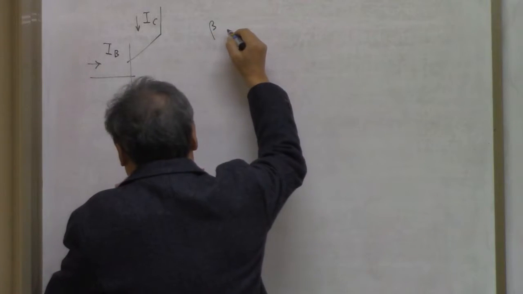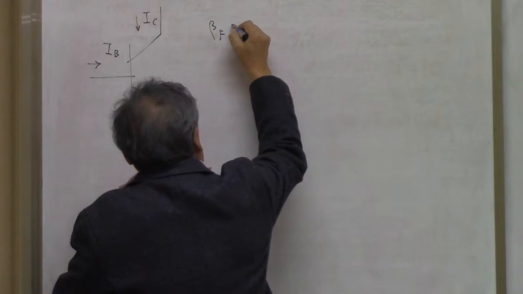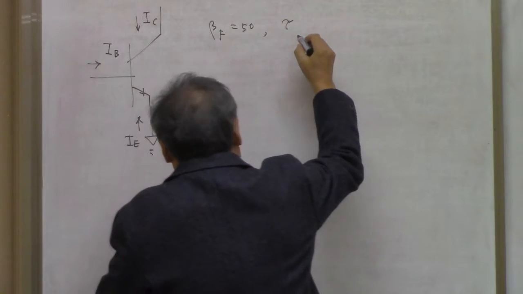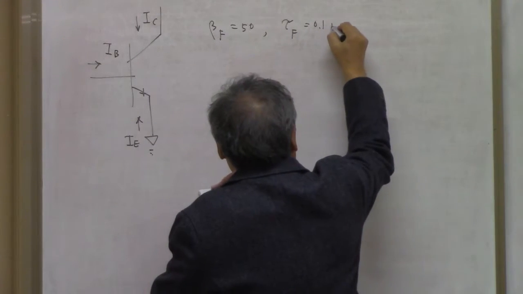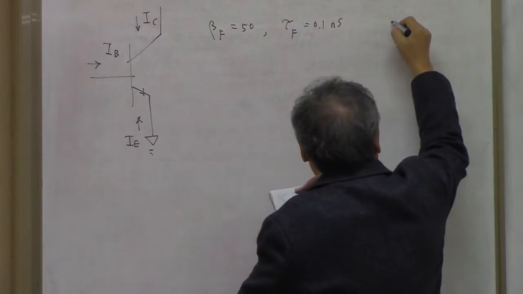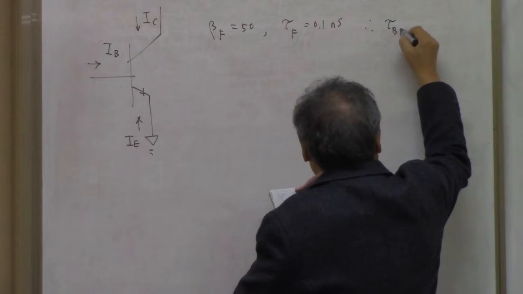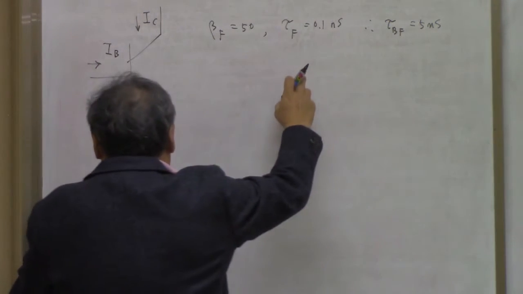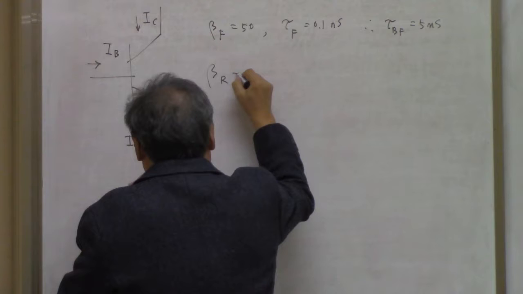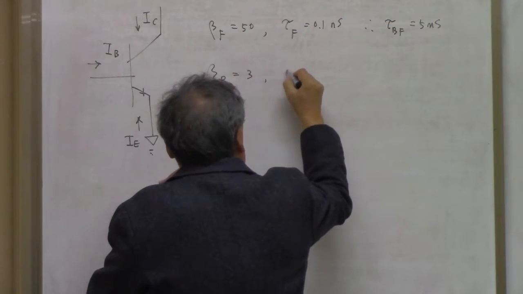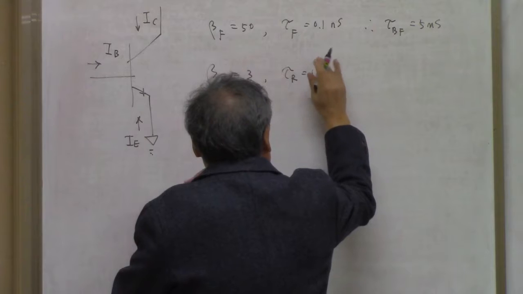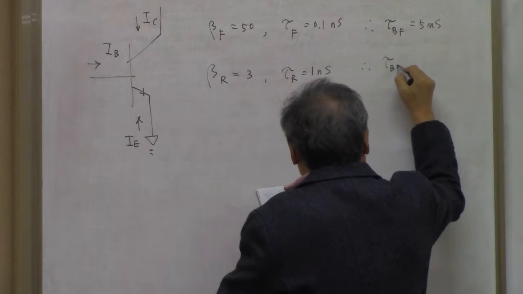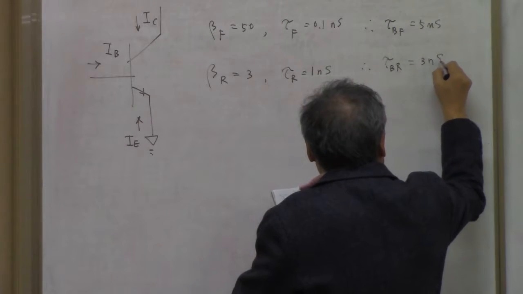Let's say the beta F is 50 and the tau F is 0.1 nanosecond. So the tau BF is going to be 5 nanoseconds. Okay? It's a multiple of these two terms. Beta R is 3 and tau R is 1 nanosecond. And then the tau BR is going to be 3 nanoseconds.